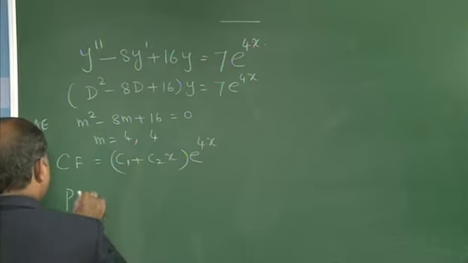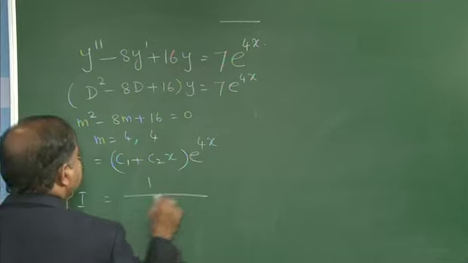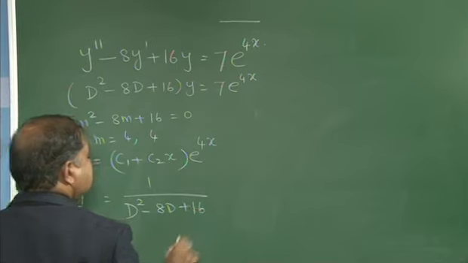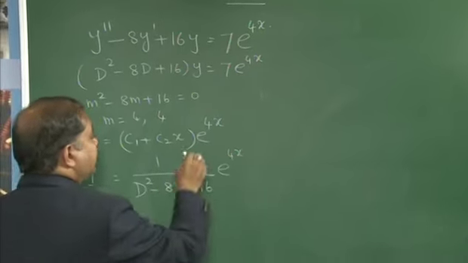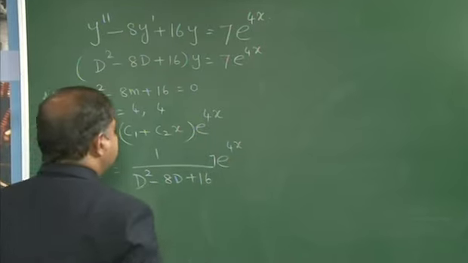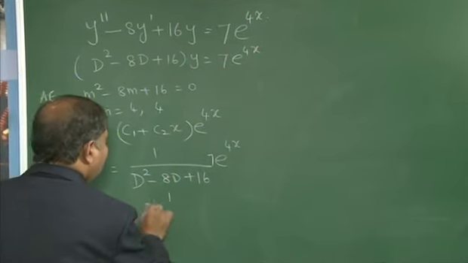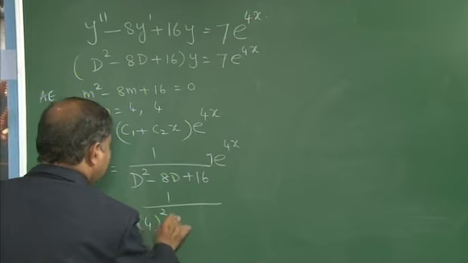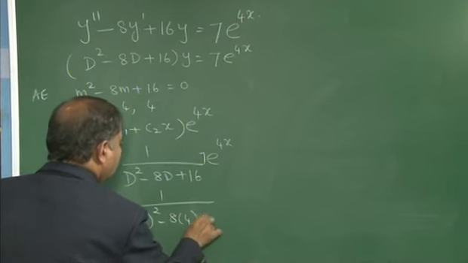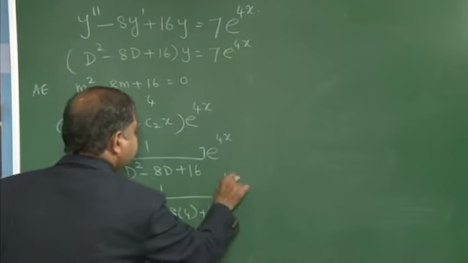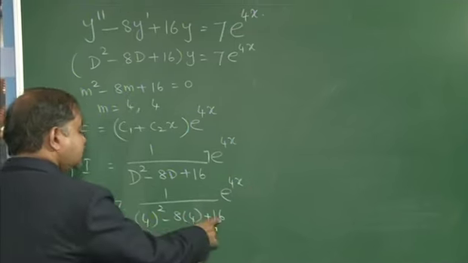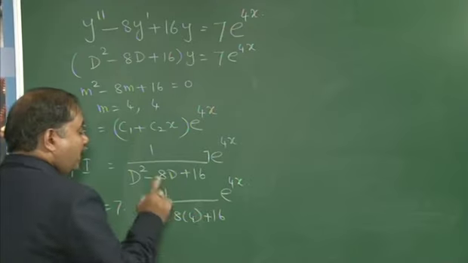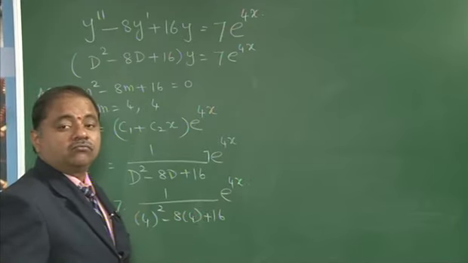Then PI, using the inverse differential operator: 1 by D square minus 8D plus 16, times 7 e power 4x. Put 7 aside, 1 by 4 square minus 8 into 4 plus 16. See here, 4 square is 16, 16 plus 16 is 32, minus 8 fours are 32.